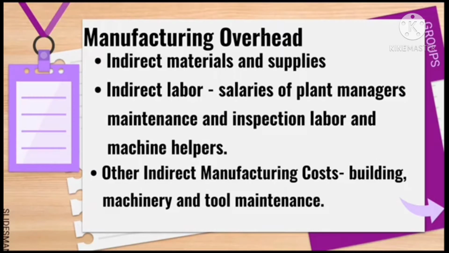Those are the employees that assist the direct labor in the performance of their work. For example, maintenance and inspection labor and machine helpers. Other indirect manufacturing cost. Ito naman yung building, machinery and tool maintenance, real property taxes, rent expense, utilities expense, and depreciation on property and equipment.